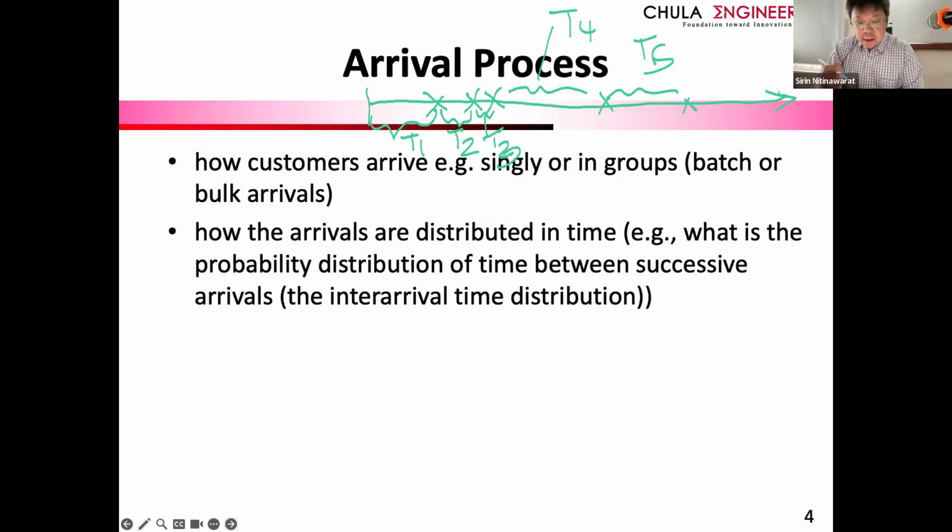So that means it's enough to just know the marginal distributions of these inter-arrival times, right? And because of mutual independence, you can just multiply them up to get the joint distribution, right? And that's how you get the full distribution of the entire process as a function of time, right?